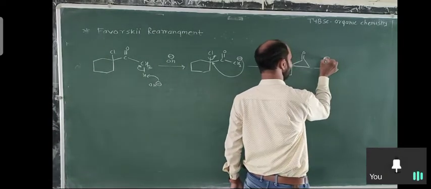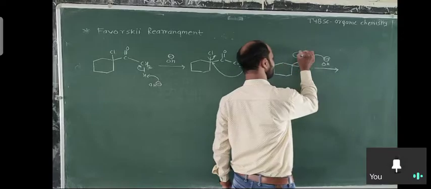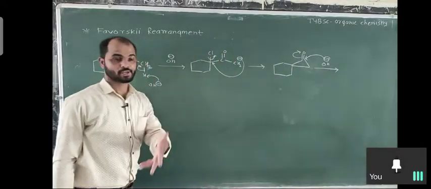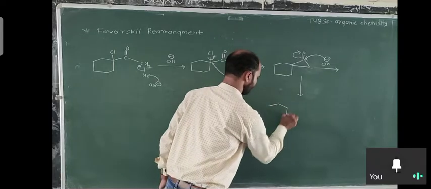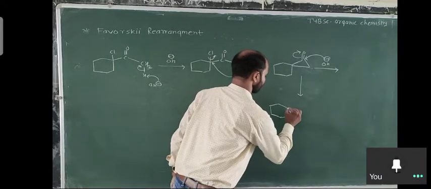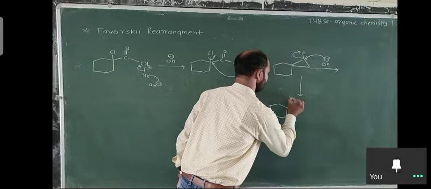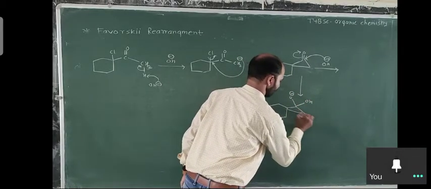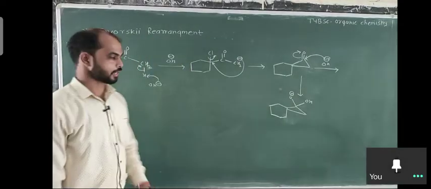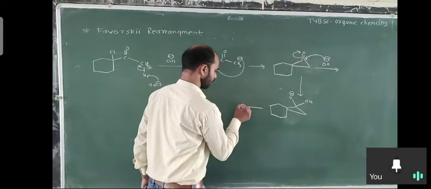Base is used, here hydroxide is used. So it will attack on the carbonyl carbon. And then we get O negative, here is the OH. Okay. And in the last step, there is a ring opening.